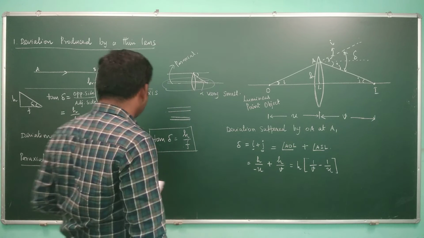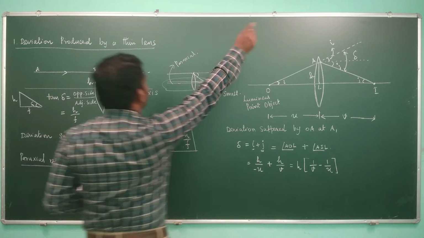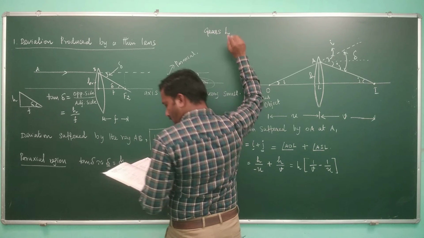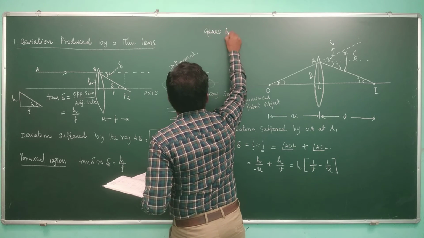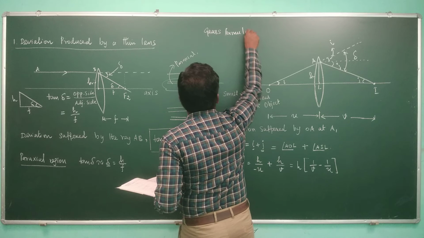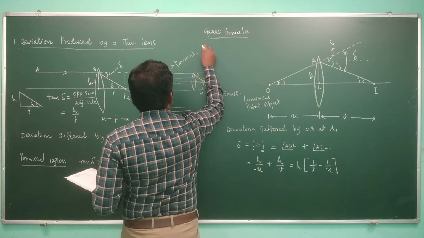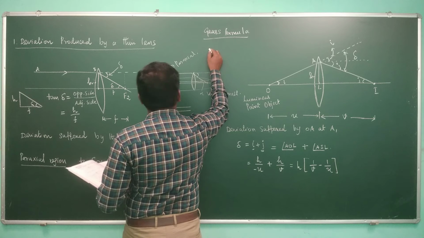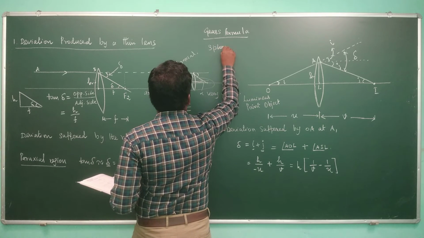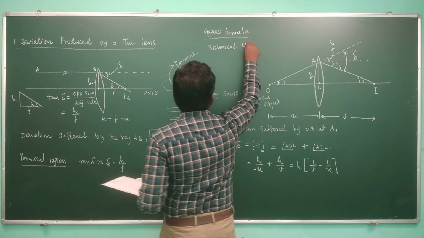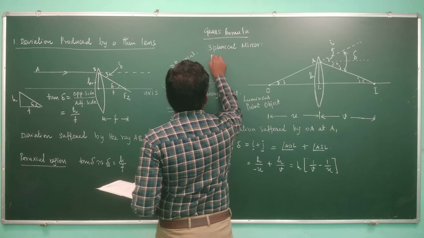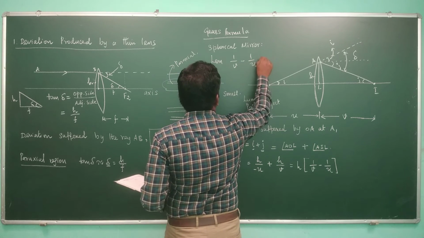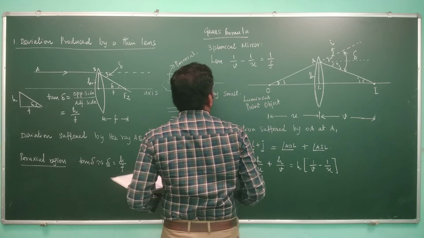Now, in optics, there is a formula called the Gauss formula, which is derived for spherical mirror and lens. For lens, 1 by v minus 1 by u is equal to 1 by f.